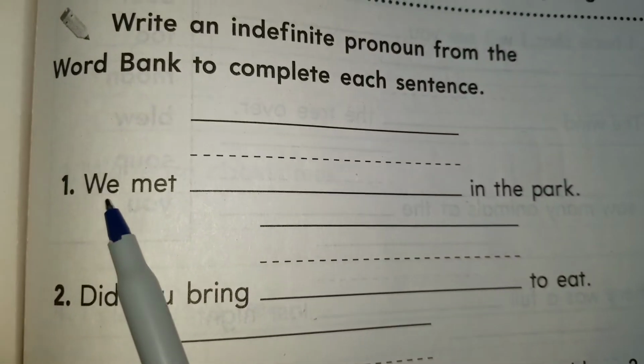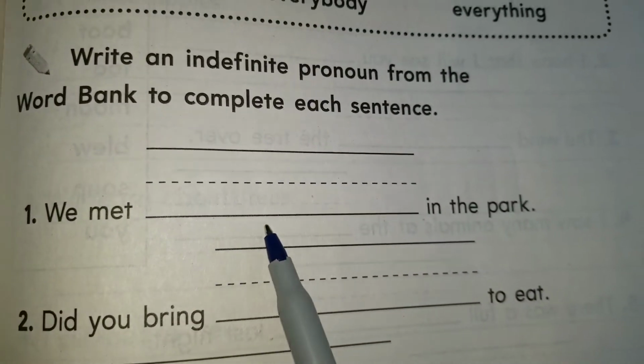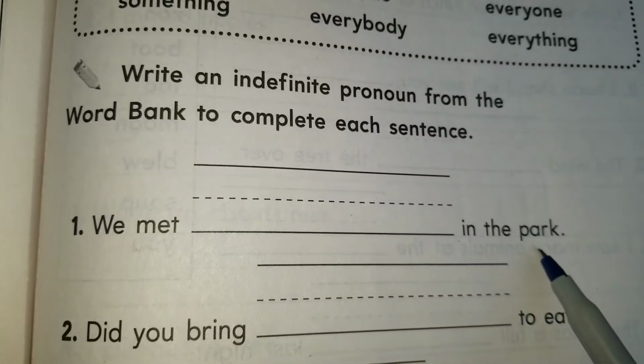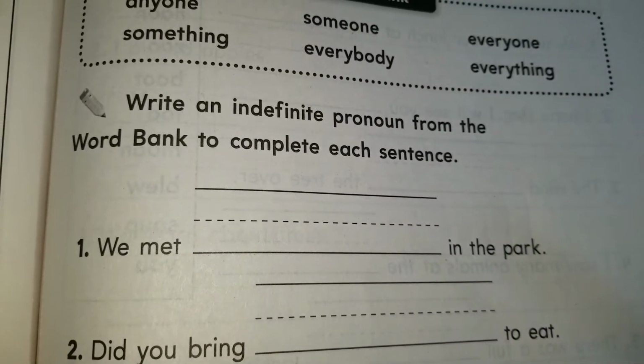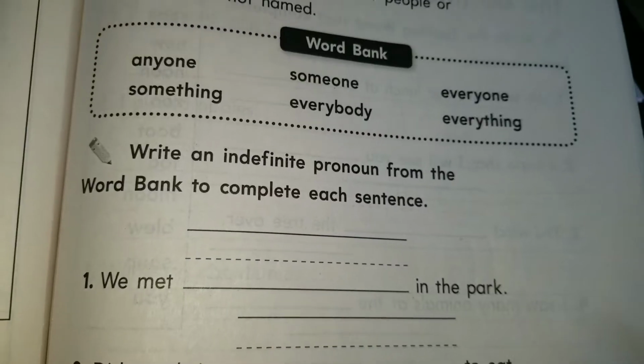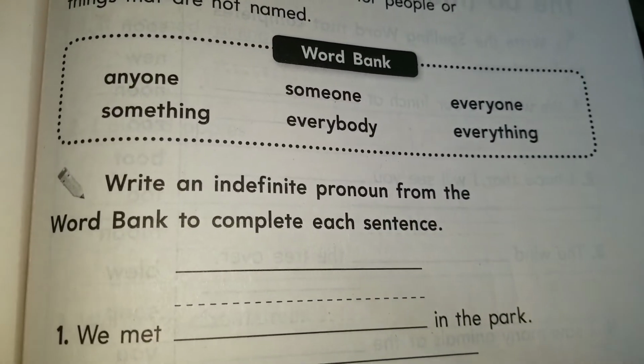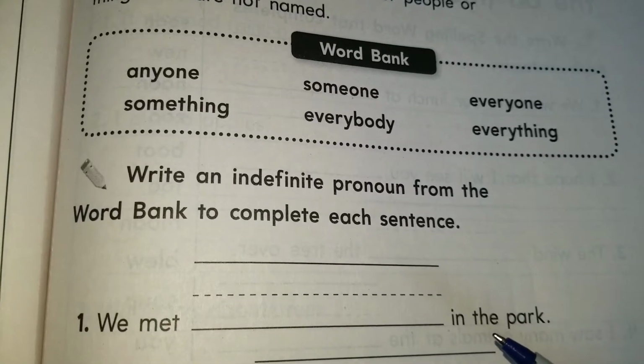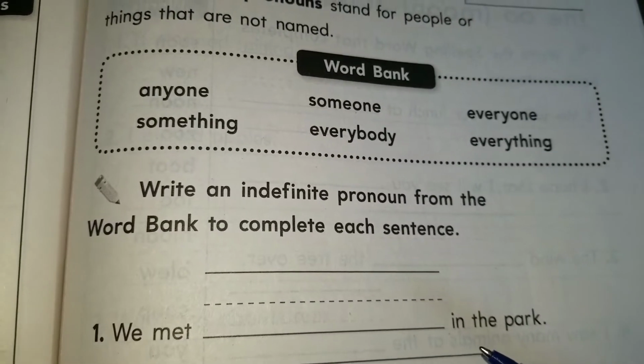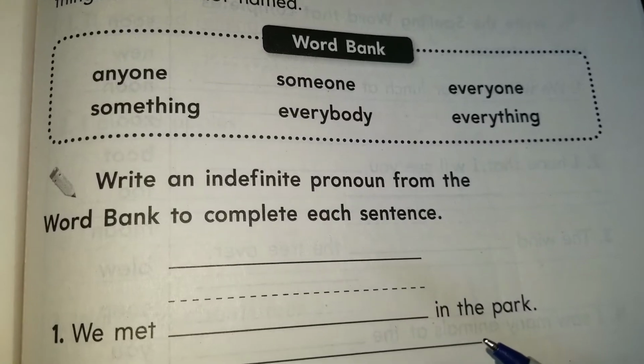Number 1 says, we met blank in the park. So let's look for an indefinite pronoun that could fit the sentence. Are we looking for an indefinite pronoun to name a person or to name a thing?